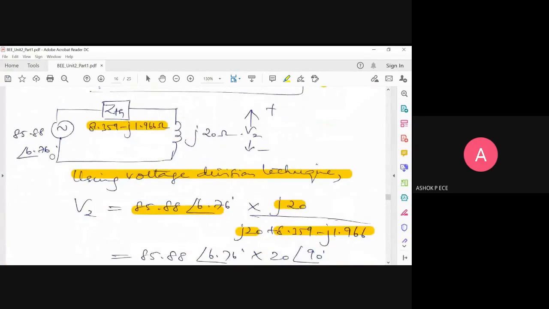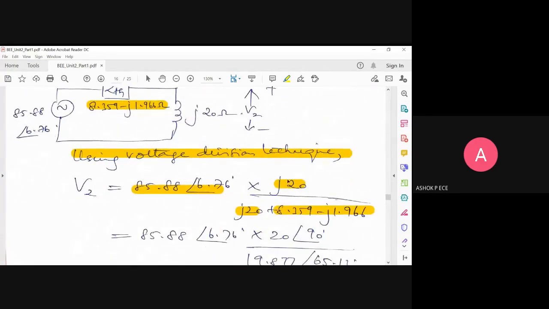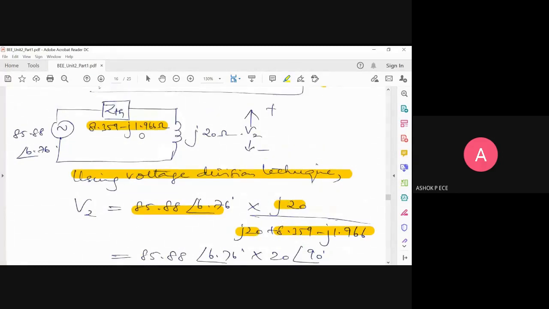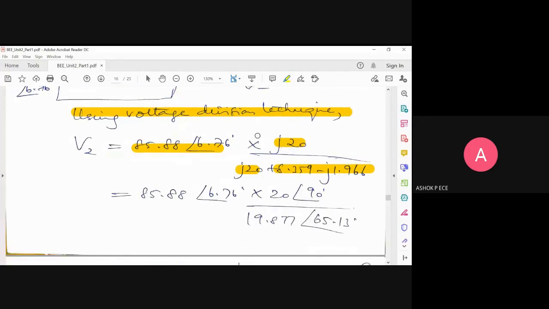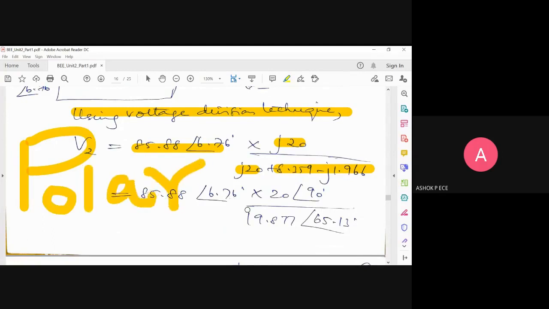So total voltage is 85.88 angle 6.76, times that component J20, divided by that component J20 plus the opposite. Opposite means, apart from J20, whatever is remaining is your opposite component. Here the opposite component is ZTH. Again, you have multiplication and division, so go for polar format. It is better to convert your expressions into polar format.